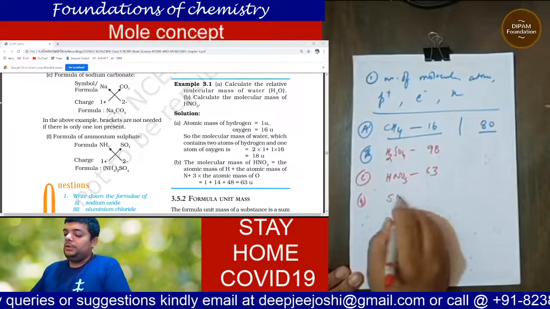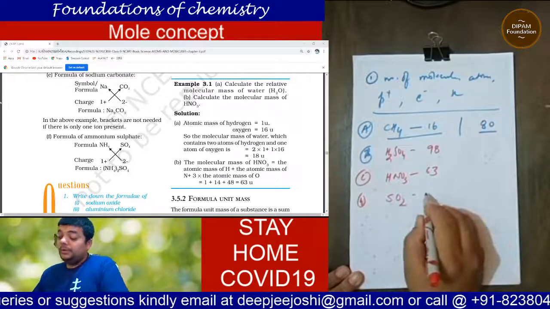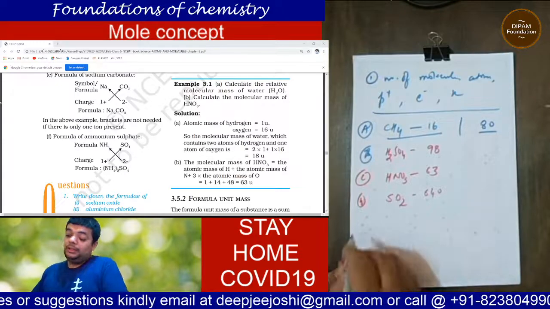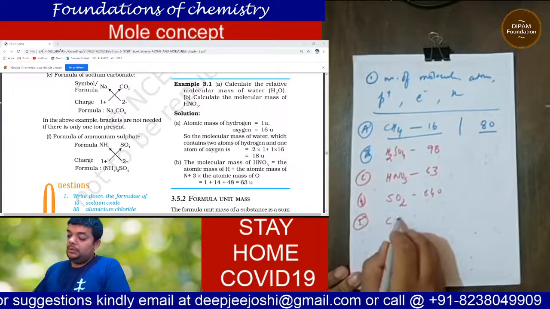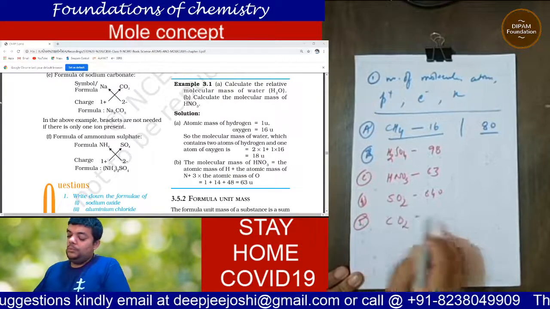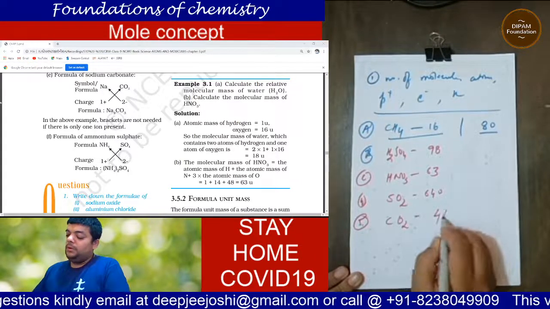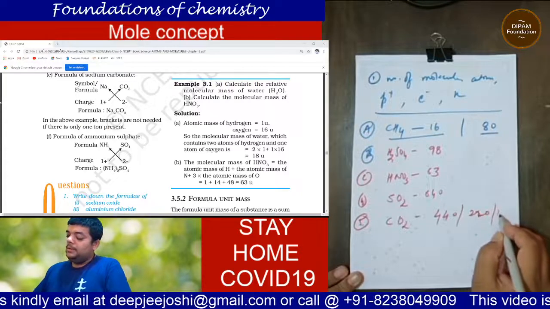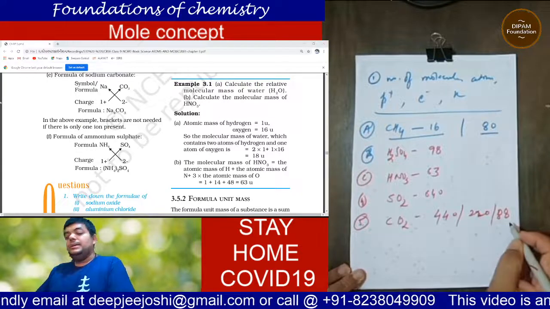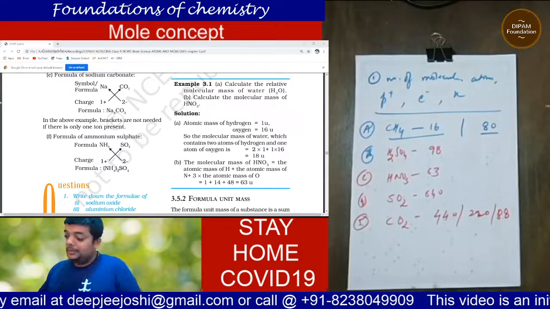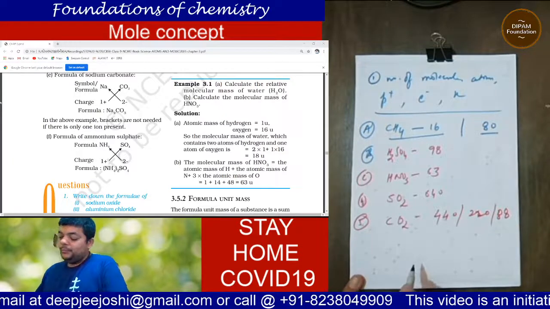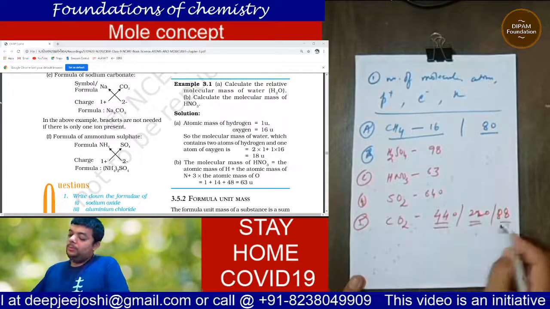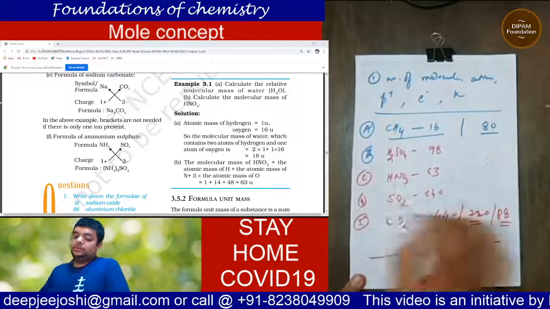You calculate for SO2, but over here you have to calculate for 640 grams. And last one, you calculate for CO2, you have to calculate for 440 gram, 220 gram and 88 gram. Over here, be very careful while calculating number of protons and number of electrons for all these questions.